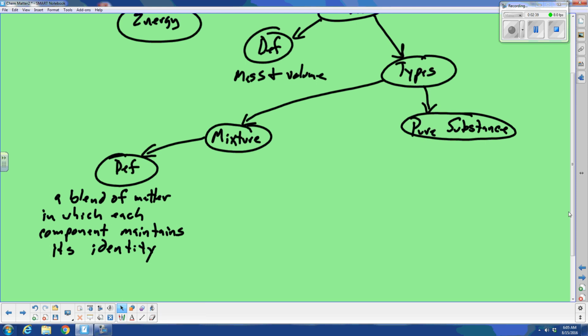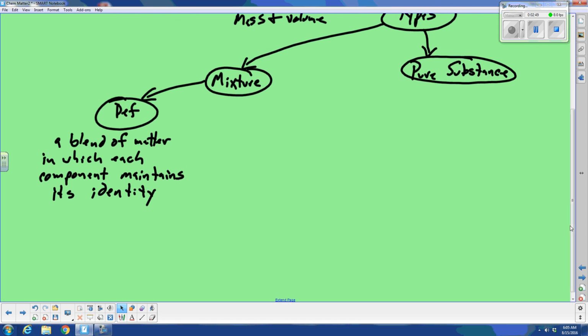Okay? So that is my definition of a mixture where each component maintains its identity. Now let's think about something like, let's say we have some oxygen. Let's say we have a beaker here, and we have some oxygen.